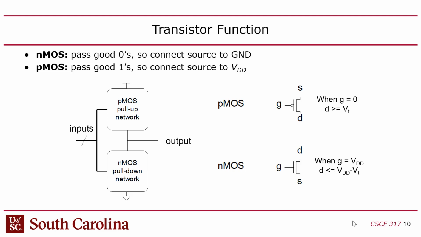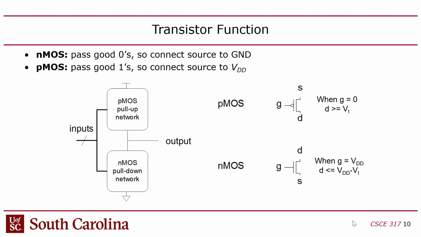The idea with that is, for every input into the logic gate, you remember in 211 you had AND gates and OR gates with 2 input, 3 input, 4 input. For each input into the gate, you have exactly 1 PMOS and 1 NMOS. So if you have a gate with 2 inputs, there's going to be 4 total transistors, 2 of each type, and they're balanced.